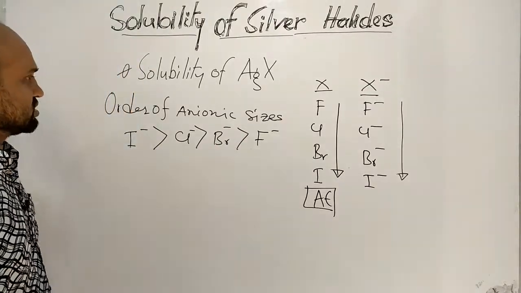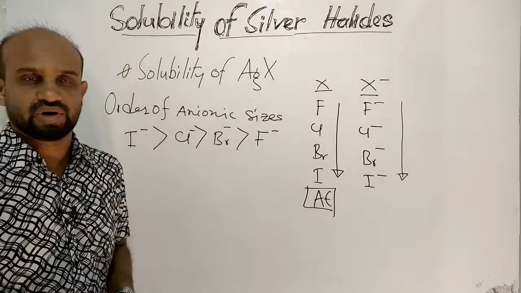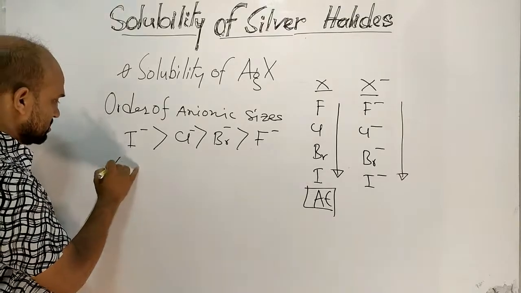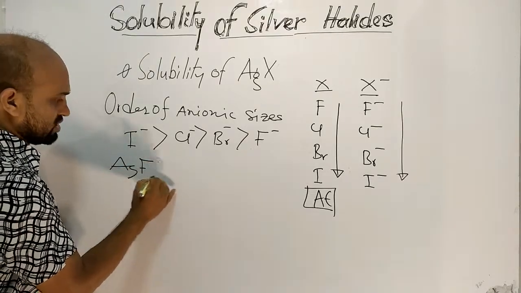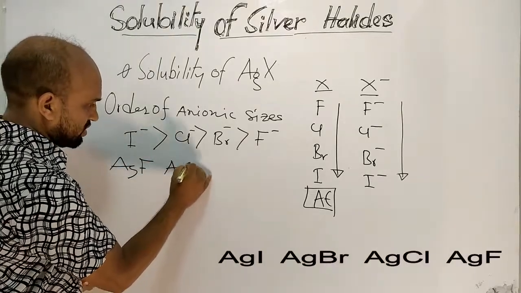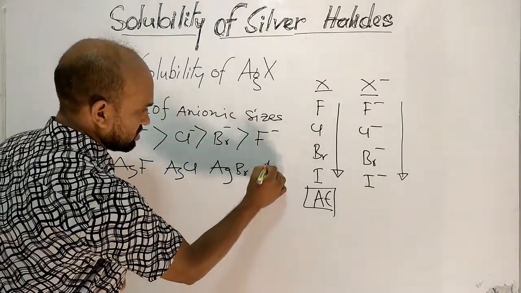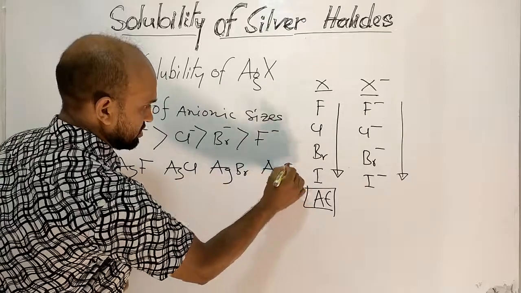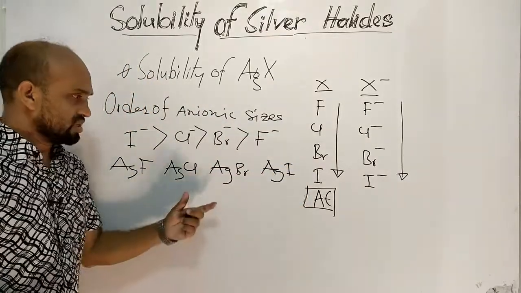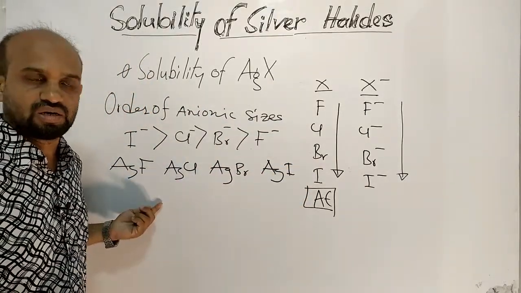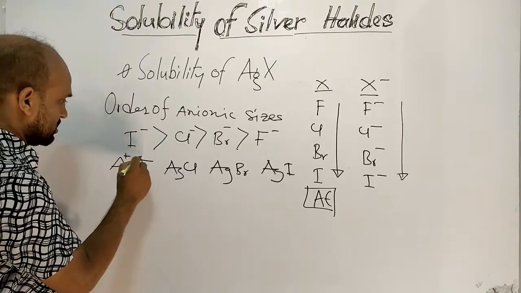Now let's see the silver halides, that is silver fluoride, silver chloride, silver bromide and silver iodide. Actually these halides are ionic compounds.